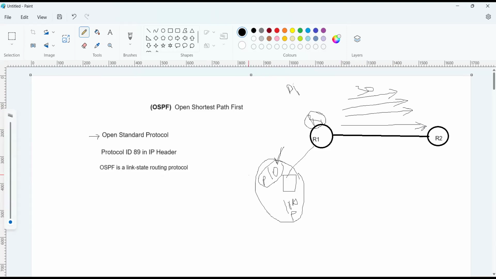In link state, it is sent only whenever changes occur.